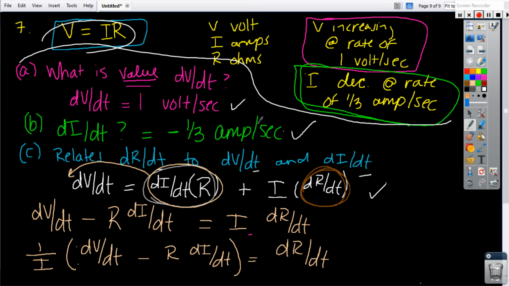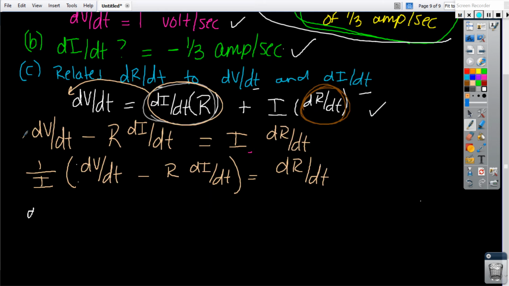All right, so part D says find the rate at which R is changing when, all right, so it's saying what I want is the rate at which R is changing. So the rate at which R is changing is dr/dt, right? So that's what I want.